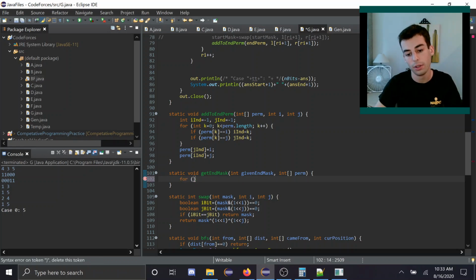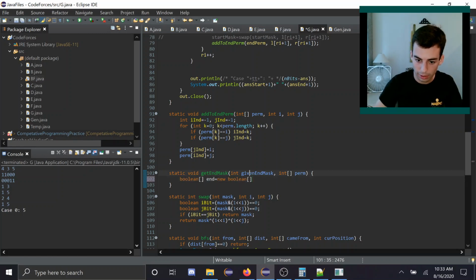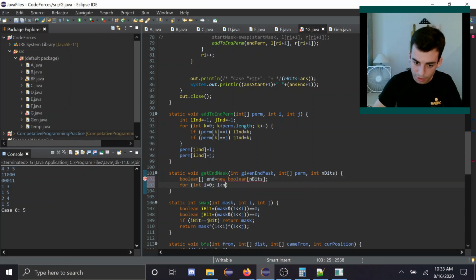For, well, Boolean array n equals new Boolean array n bits plus one.